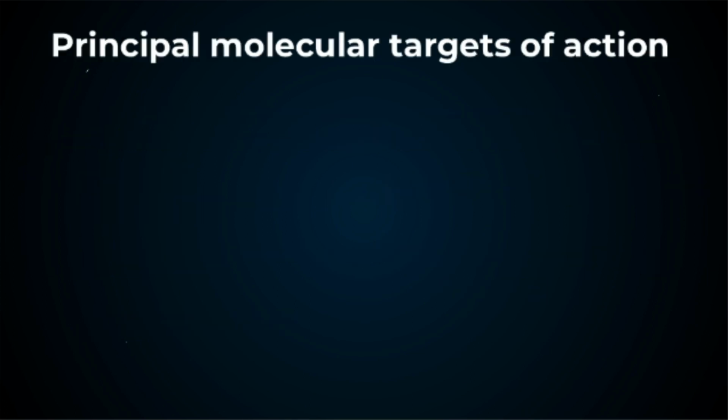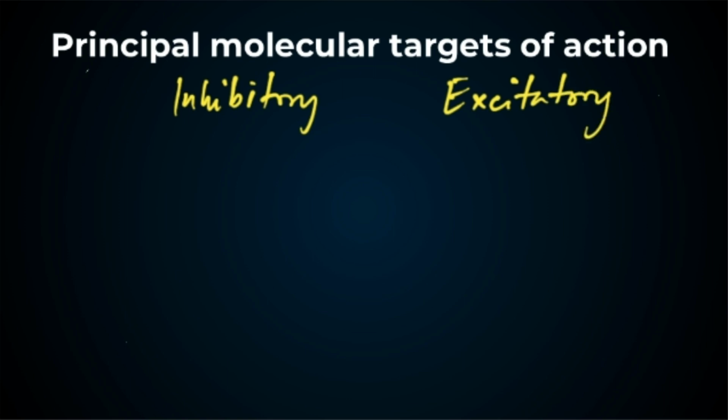So the principal molecular targets of anesthetic action are the neuronal ion channels that mediate impulse conduction. We have different ion channels; they can be inhibitory or excitatory. Both inhibitory and excitatory ion channels can be affected by anesthetic agents.